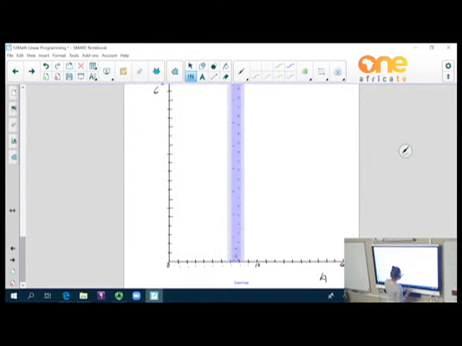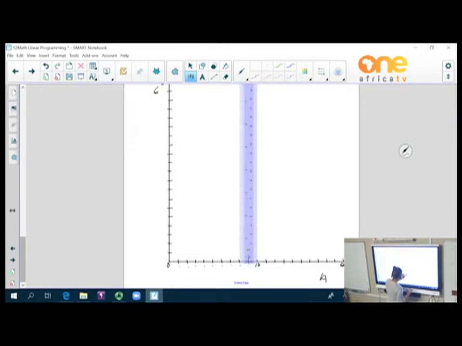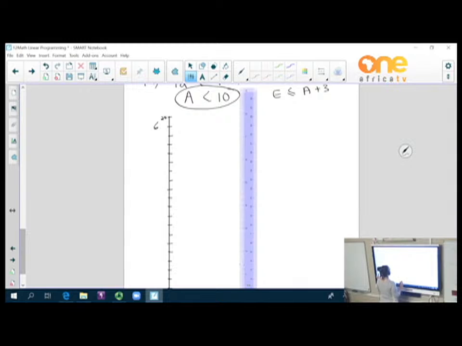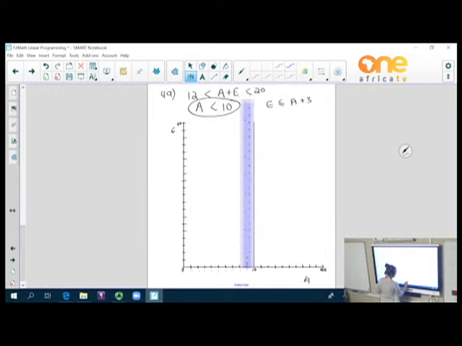And we will draw our line for 10 up until the end, which is at 20. There, let me just make this a little bit smaller. So there we have our Argentina is less than 10. Then we will go to the next one.